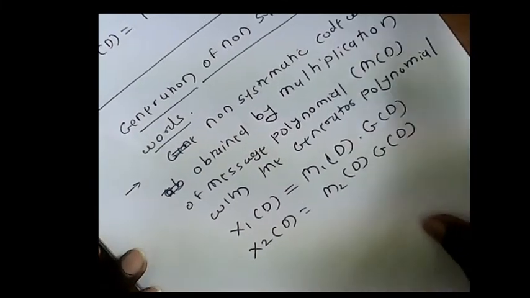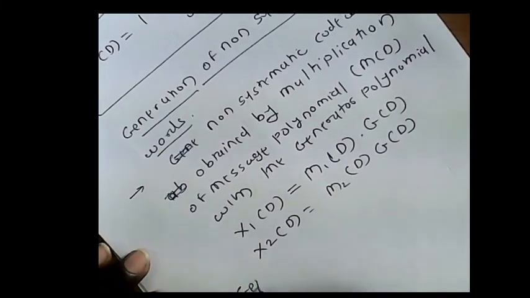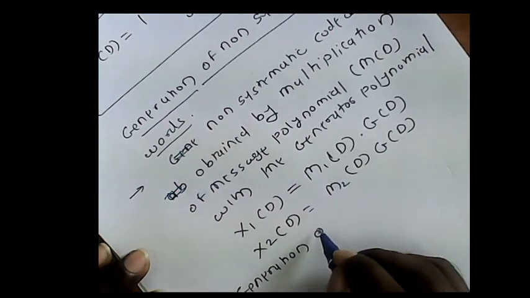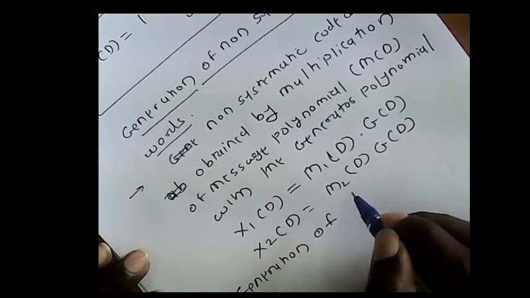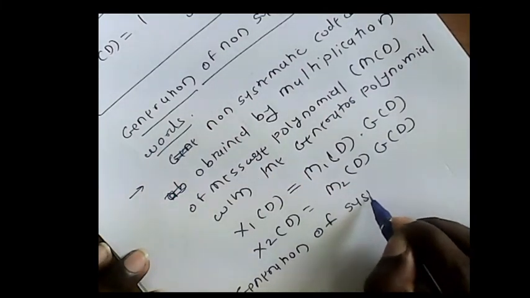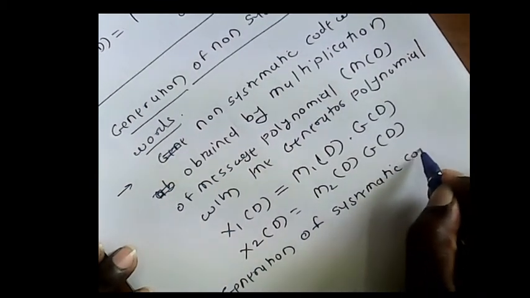Now how to obtain the generation of systematic code words?